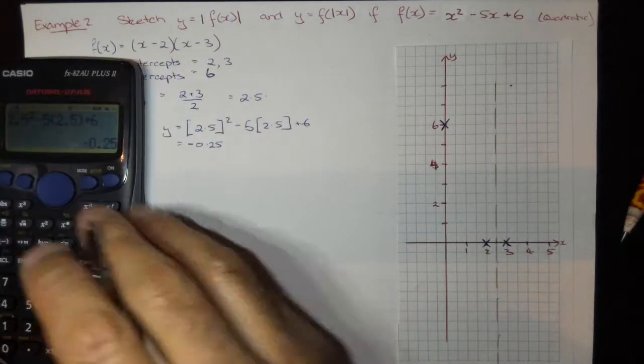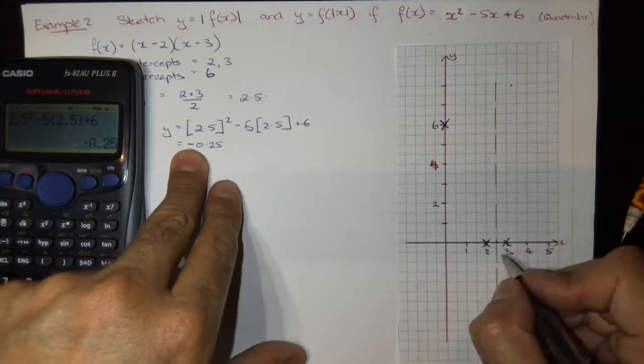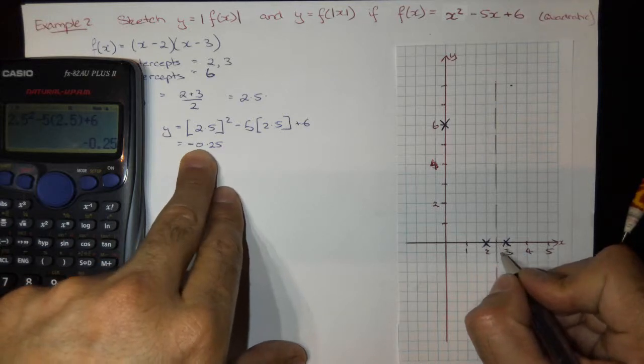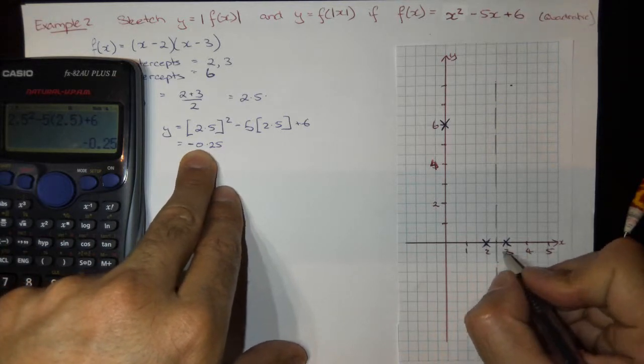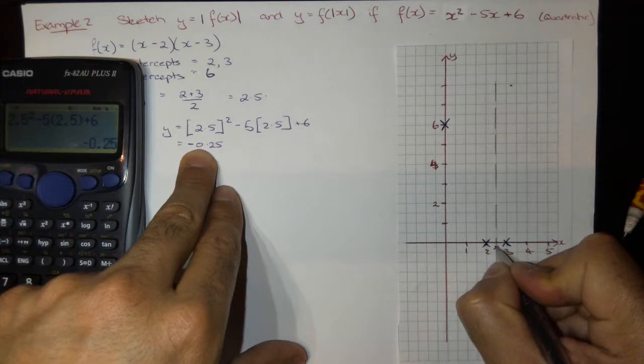So my turning point happens here, at 2.5 and negative 0.25. So that's somewhere here.